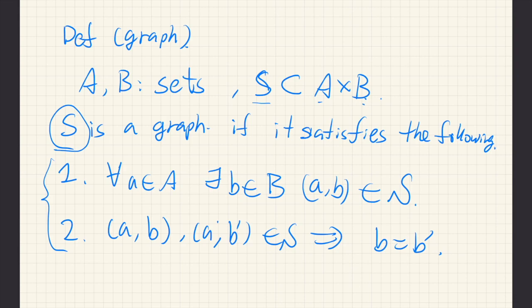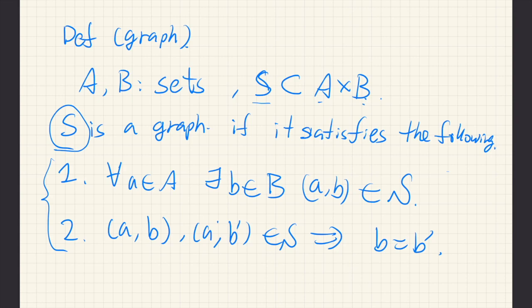What is nice about this definition? Defining a graph without using a map. What's the point? The point is, if we adopt this definition of a graph, then we can use a graph to define a map.